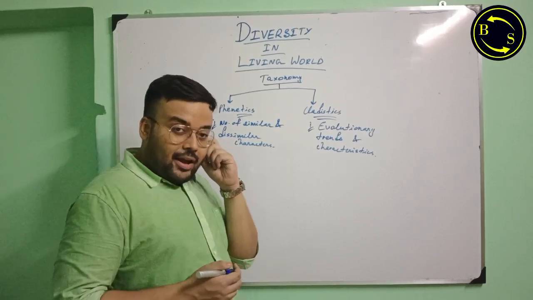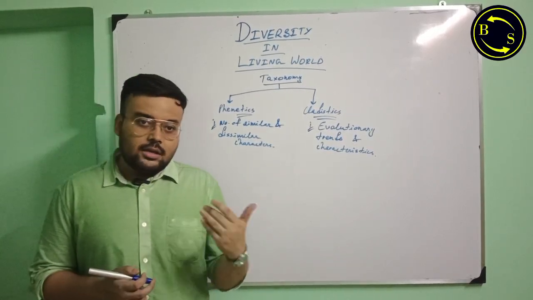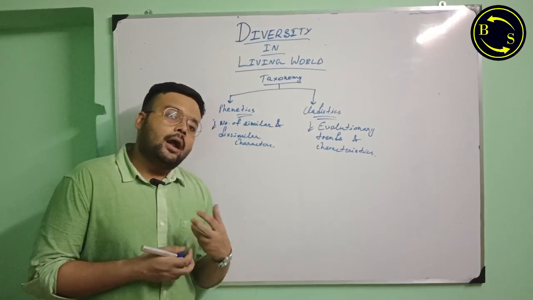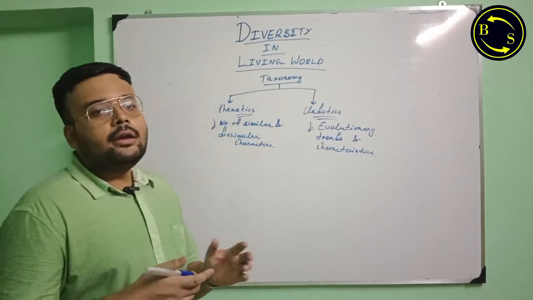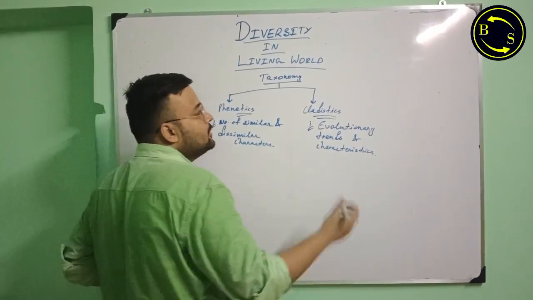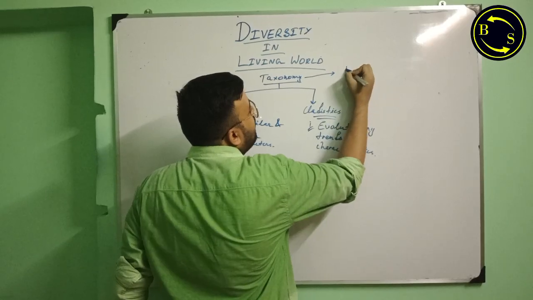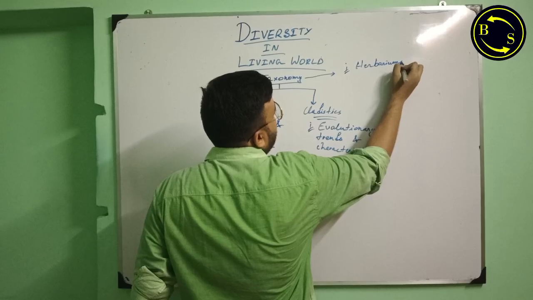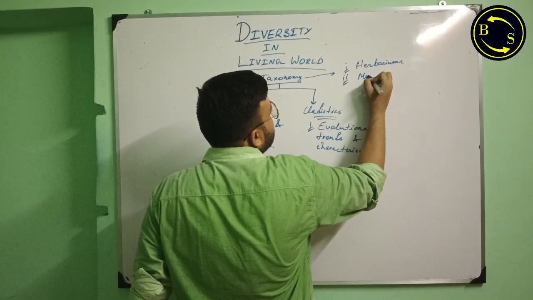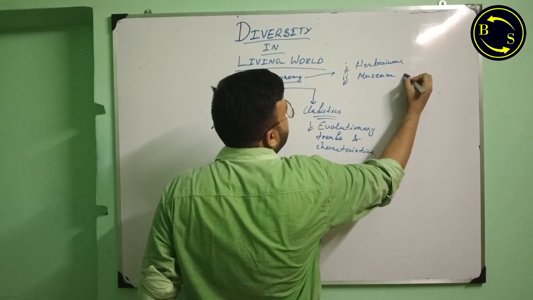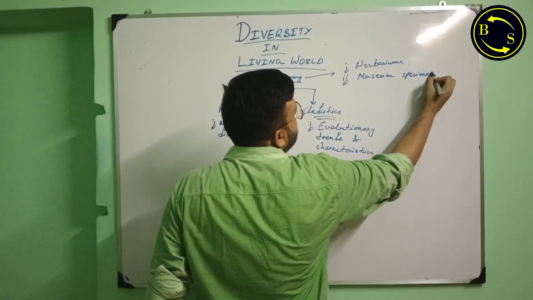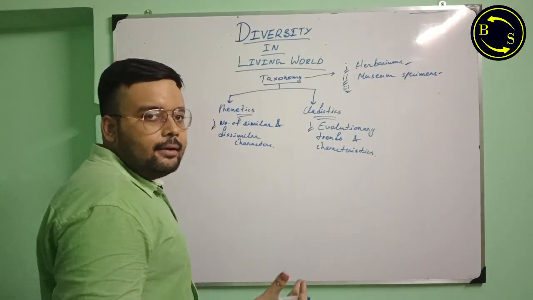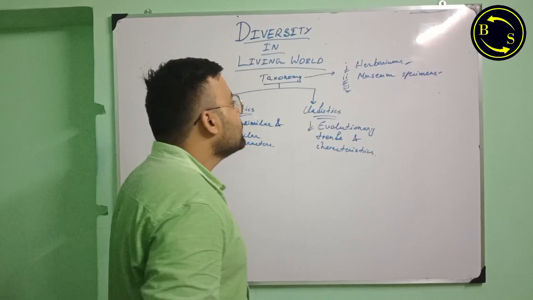In order to classify and identify animals, we need various keys or aids. In order to classify plants, to identify plants or to discover new plant species, we need a point of reference. The various points of reference that are helpful in taxonomy are: number one, herbariums; number two, museum specimens. Herbarium and museum specimens, as we all know, are dead plants and animals that are preserved.